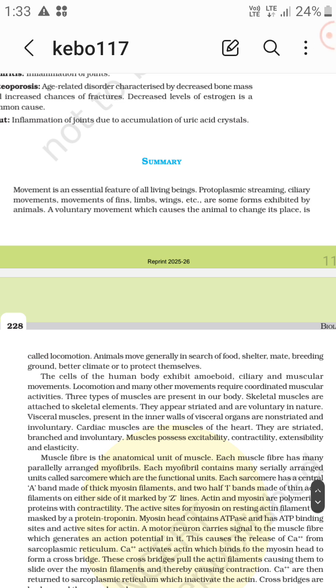In the summary of locomotion and movements, movement is an essential feature of all living beings.